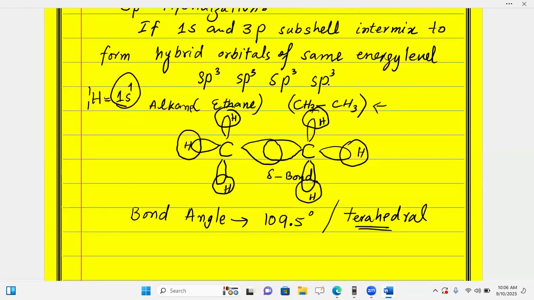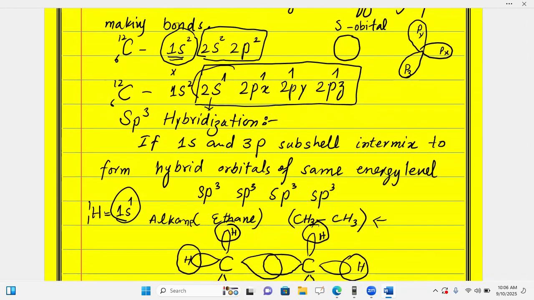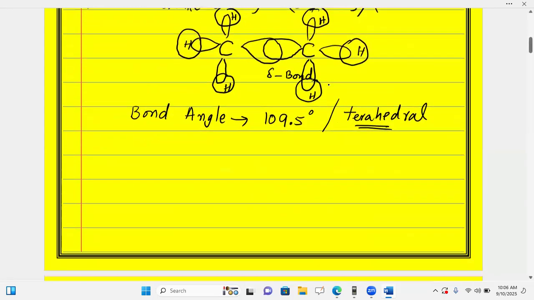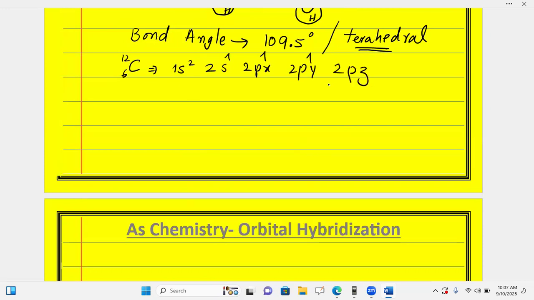After that, according to the carbon structure, 1s and 2p are going to mix up, but 2pz remains as it is. For example, carbon 6 and 12 has electronic configuration 1s2, 2s1, 2px with 1 electron, 2py with 1 electron, and 2pz with 1 electron.